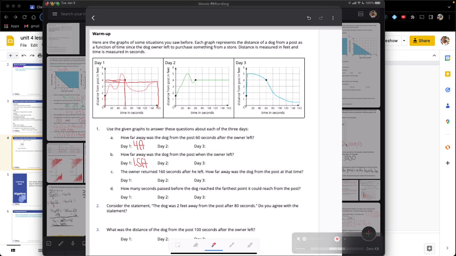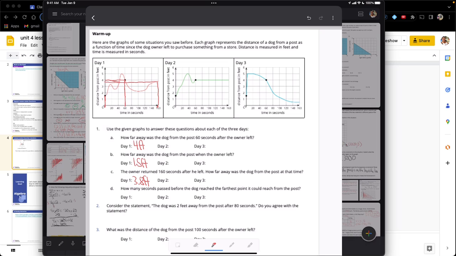So I'm going to estimate that at, say, 3.8 feet. We don't know if that's the exact number, but just based on where it lines up, it looks like it's about 3.8 feet. It's definitely between 3 and 4, but closer to 4.